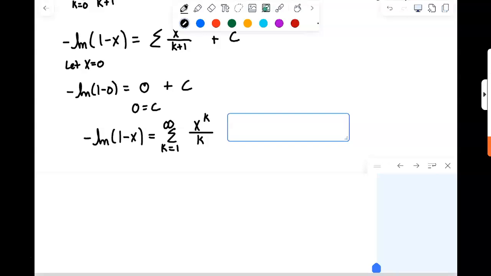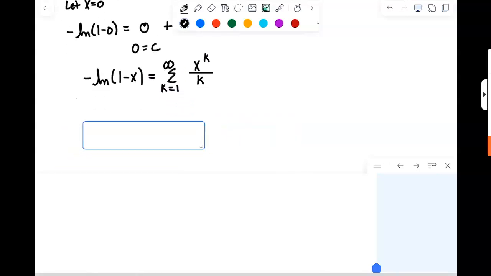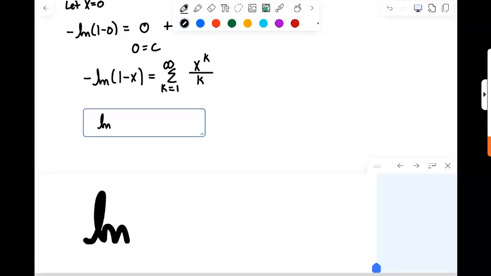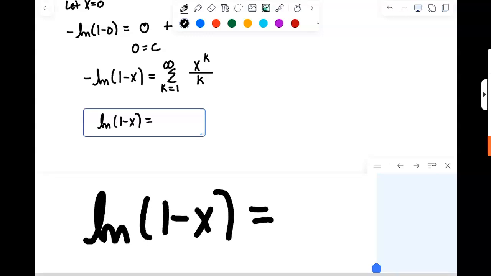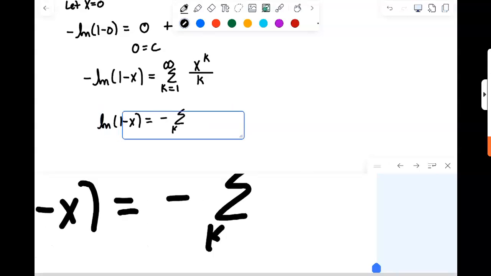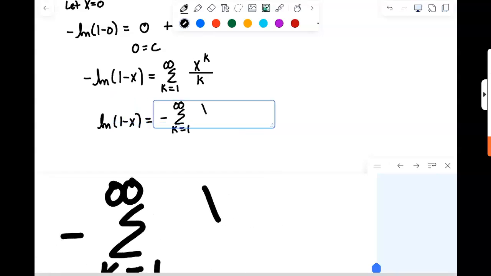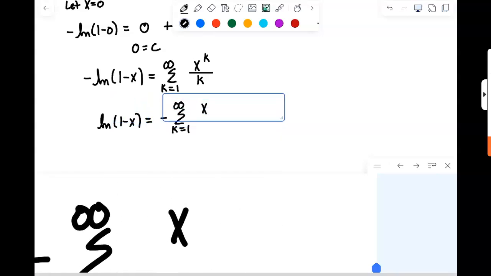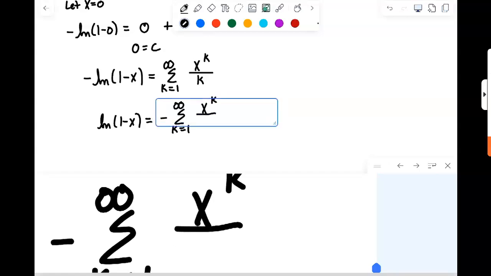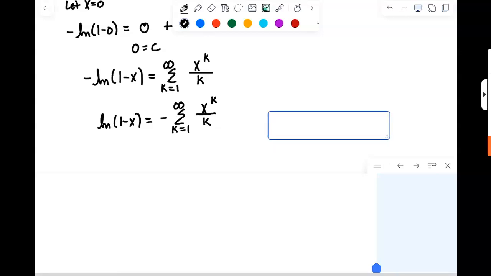And so then there's just one final little adjustment that we need to make, and that is to bring the negative over. So ln of 1 minus x is the negative of the series, k goes from 1 to infinity of x to the k over k, which actually looks like this series here.